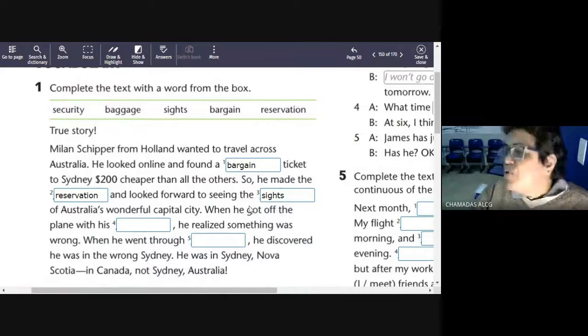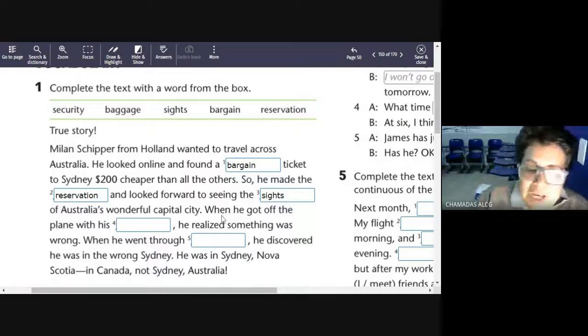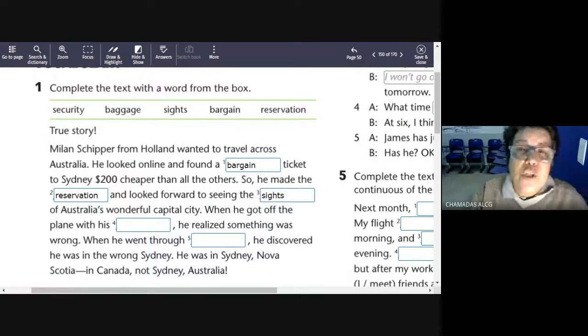You go to the Aquarium. You visit some places in Barra, for example. These are the places that we usually visit as a tourist in Rio. So this is the same as to see the sights.